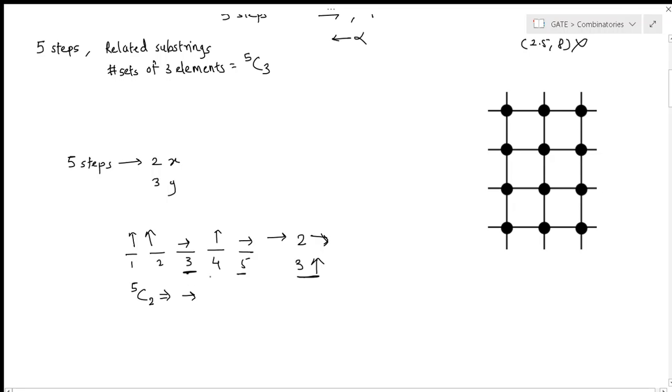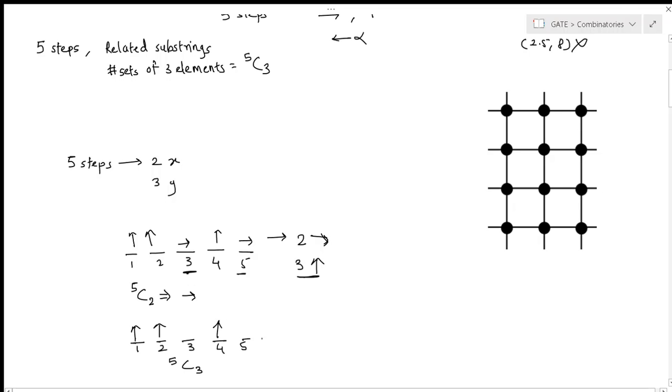So what could be the other way to look at this? See, these are our 5 positions, the 5 steps we want to take. Now someone else might say, out of 5, I want to choose 3 positions as upward positions. So let's say he chooses this one and this one. These are the 3 positions which are upward, right?